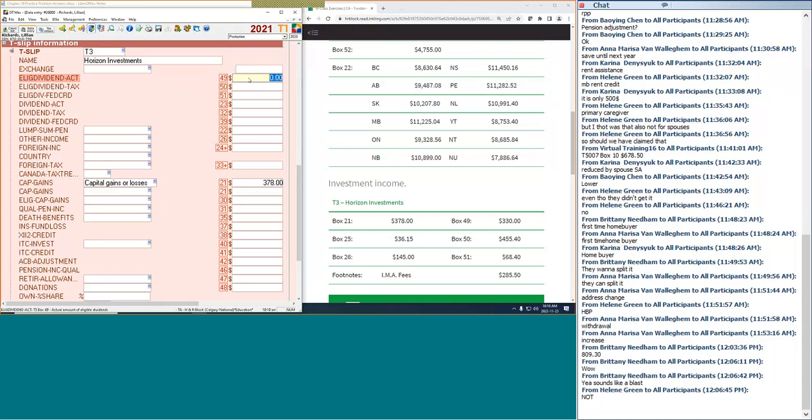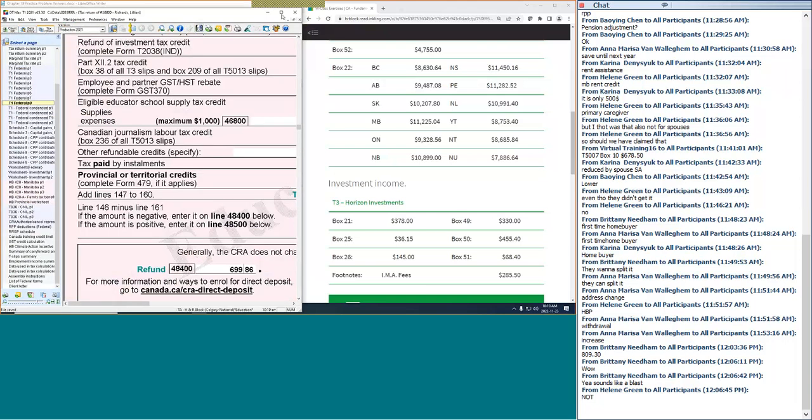If I put a box 49 in, the computer will know what the box 50 and 51 are because it is a calculatable number, and computers are good at calculating things. So if I put just box 49 in and I go to the tax return now, what I should expect to see on the tax return is this amount on my federal worksheet and this amount for my dividend tax credit.